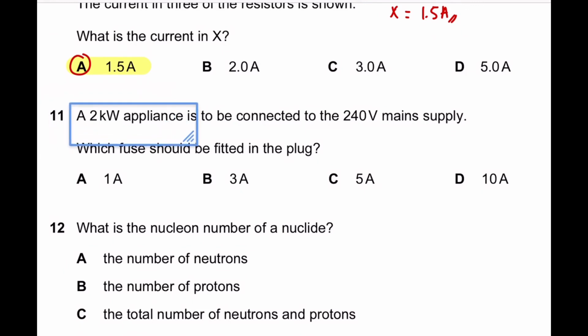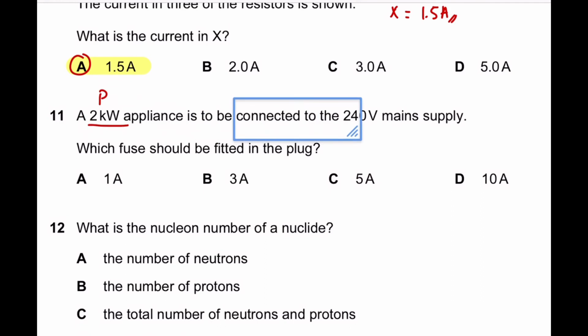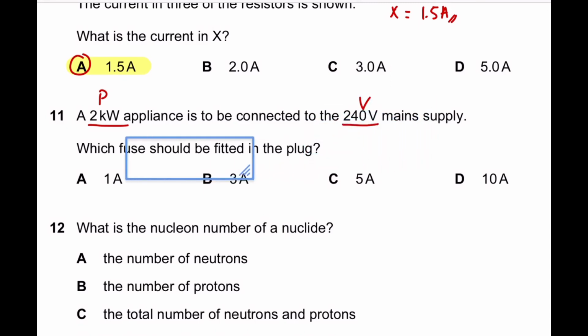Question 11. A 2 kilowatt appliance is to be connected to the 240 volts main supply. Which fuse should be fitted in the plug? Alright, the key word here is 2 kilowatt, which is in the form of power, and 240 volts, which is in the form of V. They're asking about the fuse.